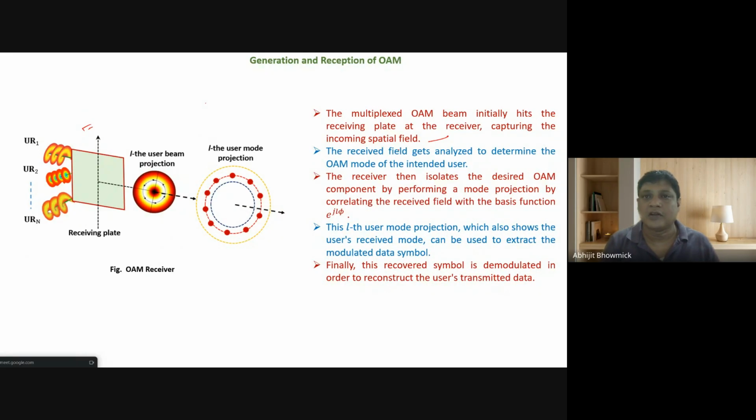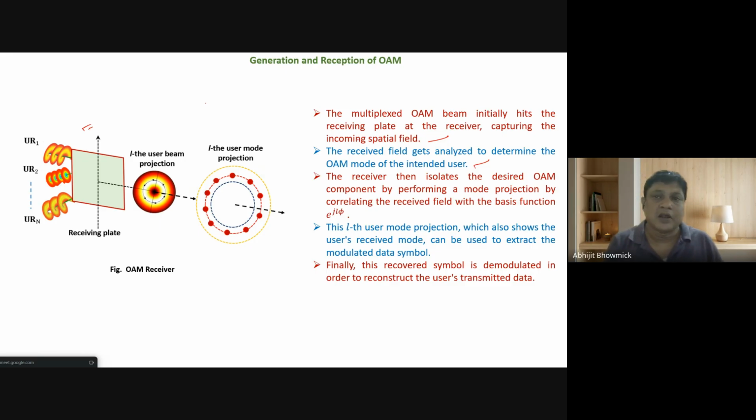The received field gets analyzed to determine the wave mode of the intended user. Then the receiver isolates the desired wave component, because there are multiple modes. It will select the desired mode and allow it to pass.